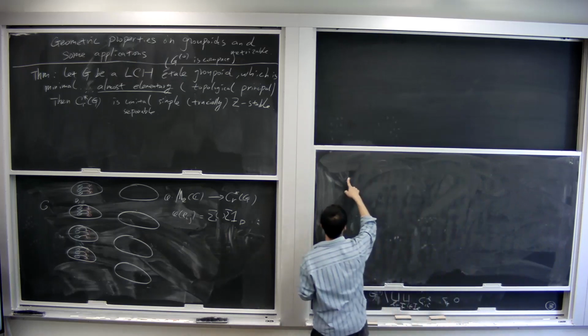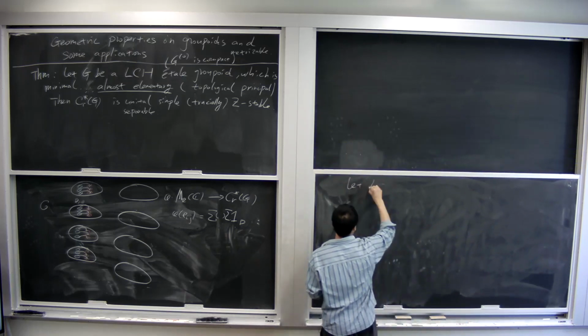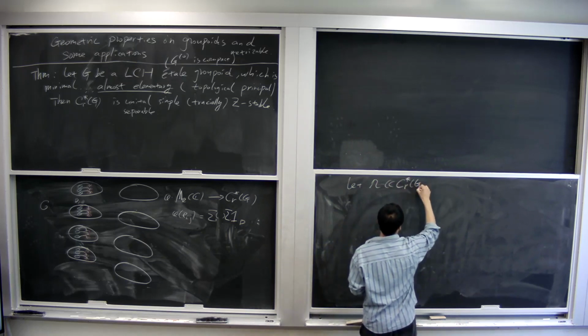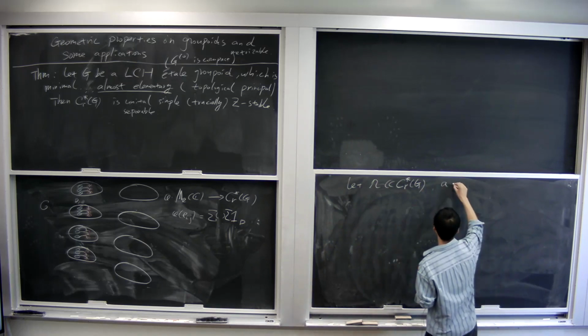So now let's be more formal. Let Omega be a finite set in your reduced groupoid C*-algebra, and let's say A is positive.